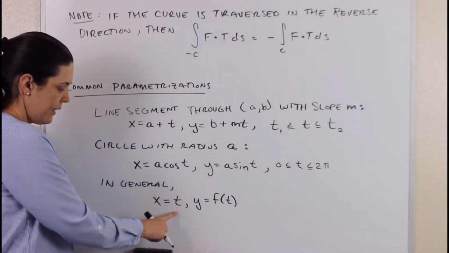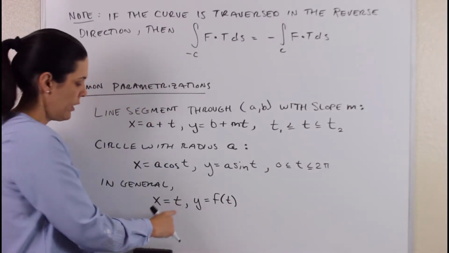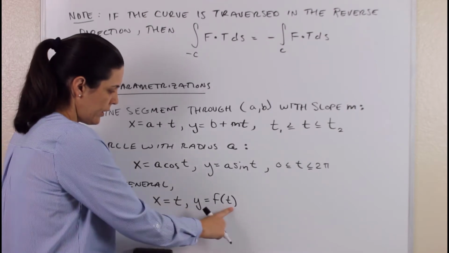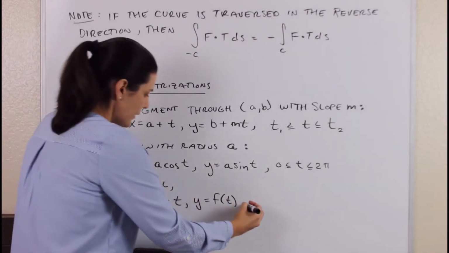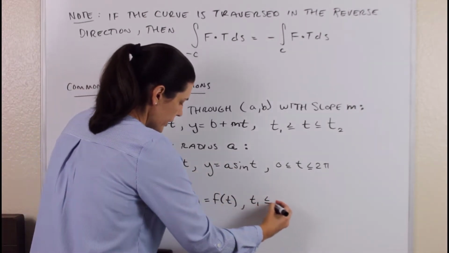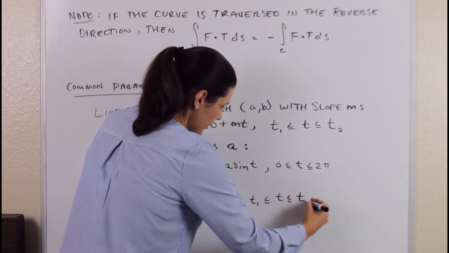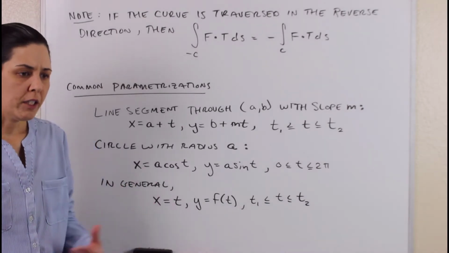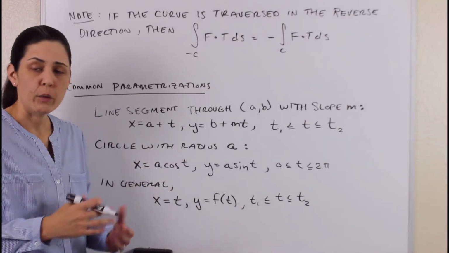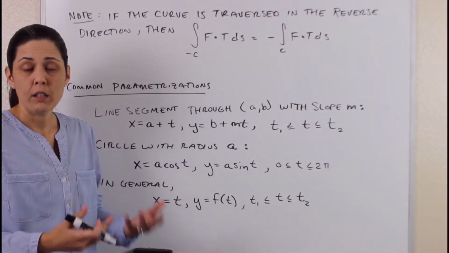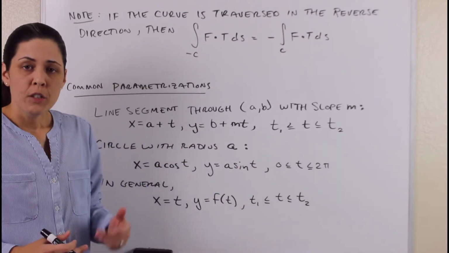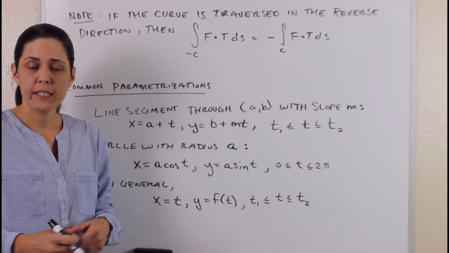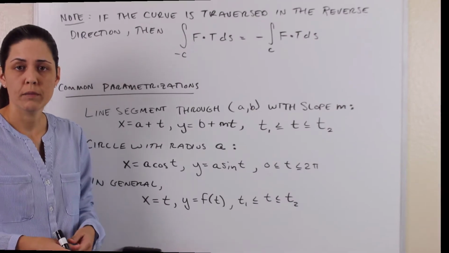So x is just t, you replace x with t, and then you plug t into your function to get y, and you have some interval for t. Okay, so I'm just reminding you a little bit about parameterizing a curve, because you have to do that in order to evaluate our work line integrals. So let me go right into an example now where we calculate the work.